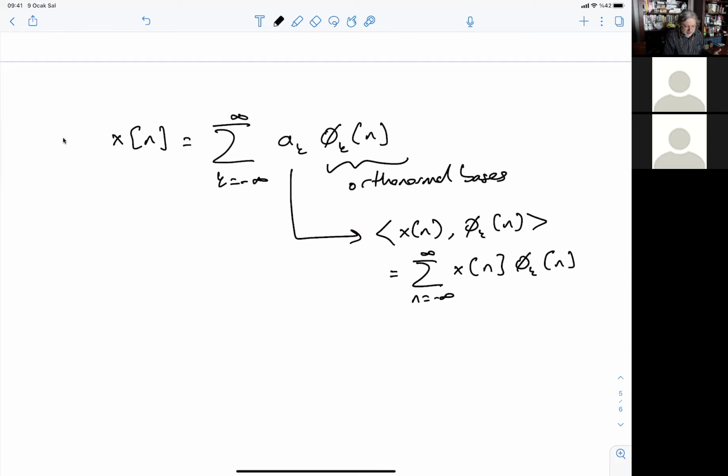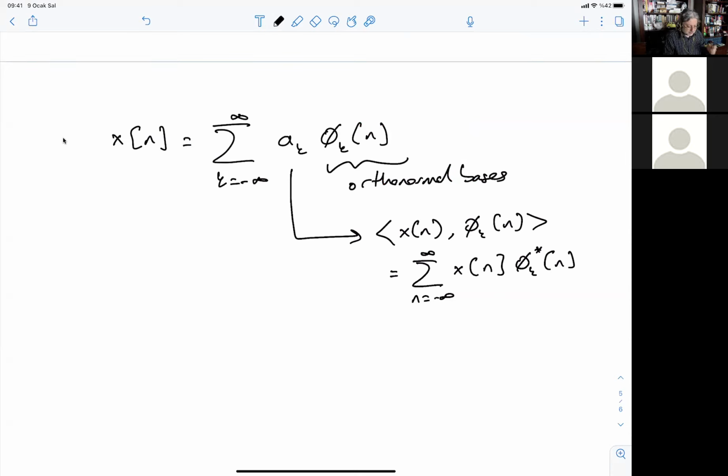So this is the inner product, except a detail here, which is also valid for linear algebra, but we never use it because we usually use real valued linear algebra. But for complex valued signals or vectors, essentially you need to put a conjugation for the second term in this inner product. So this is our overall framework.